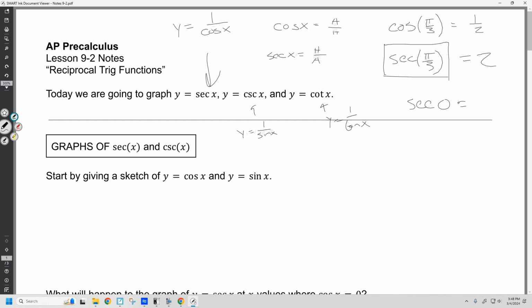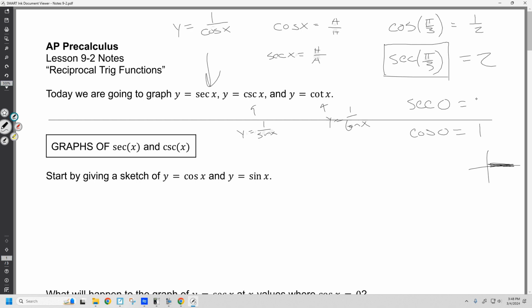The secant of 0 is 1. The cosine of 0 is 1. We're just in triangle unit circle land. If we flip 1, we get 1.